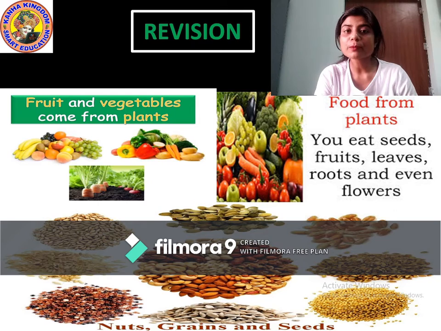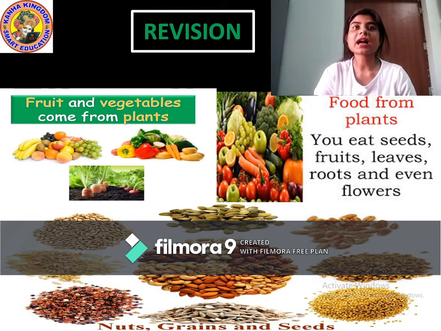Then potato, ginger, onion. Then celery. These are the different foods that we eat as stem. Okay, these are the stems of a plant that we eat as vegetable.